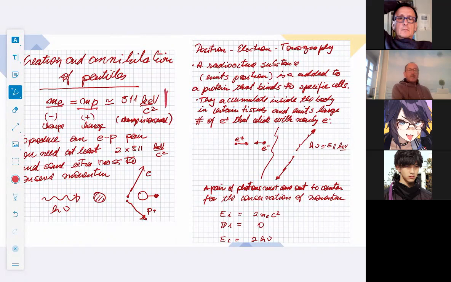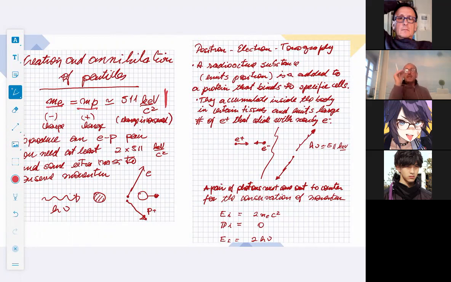You can write this in kilograms, but it's not practical. Whenever you're dealing with the masses of particles in the relativistic framework, you should use kilo electron volt or mega electron volt to describe the particle, because the only difference is multiplying by c squared, and you get the units right.